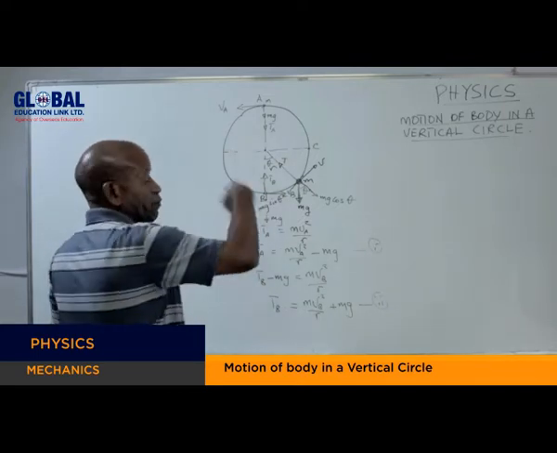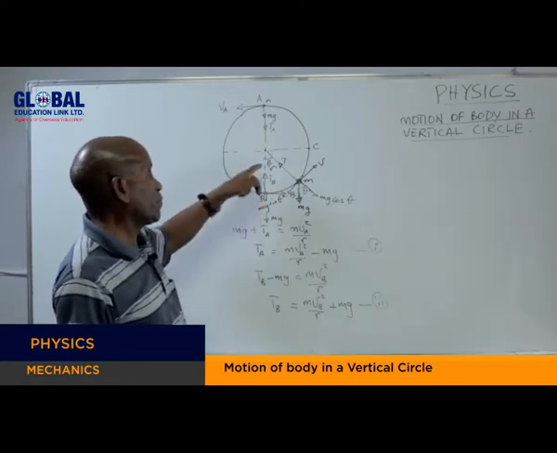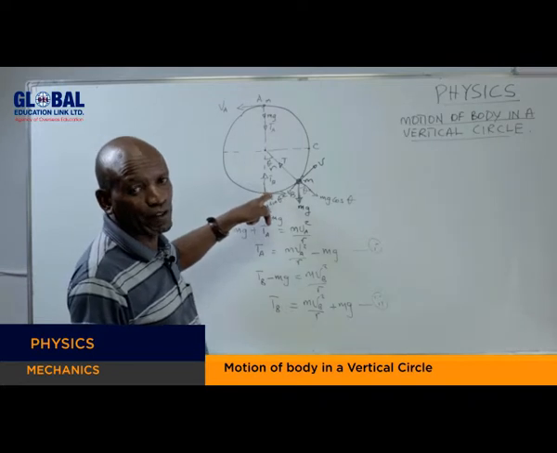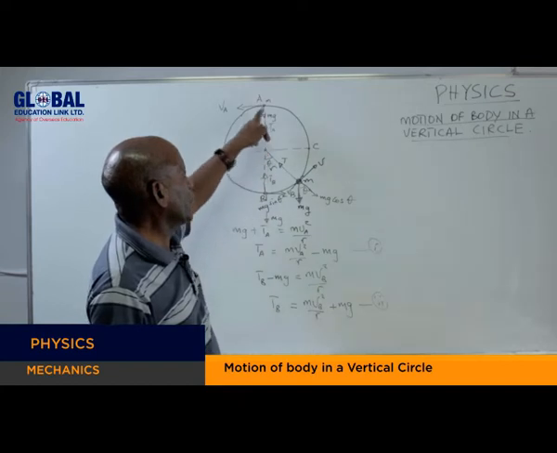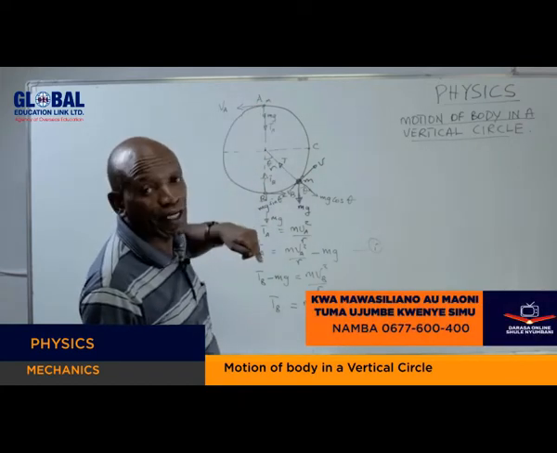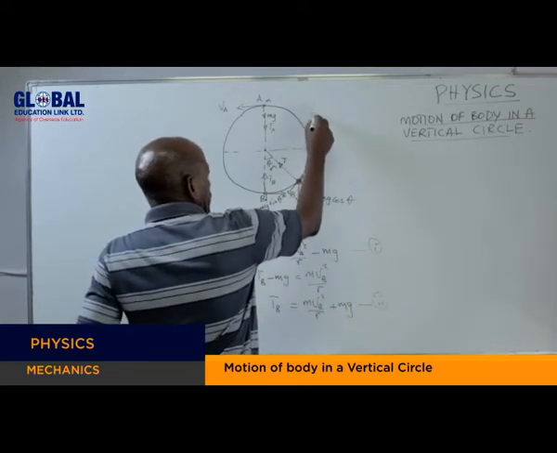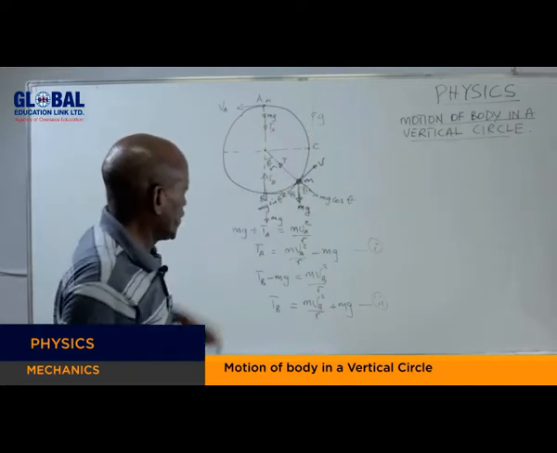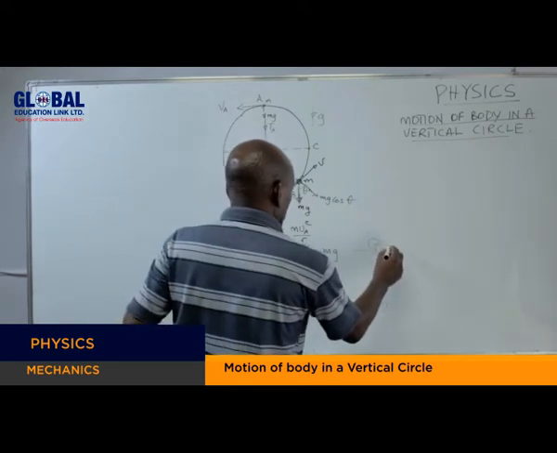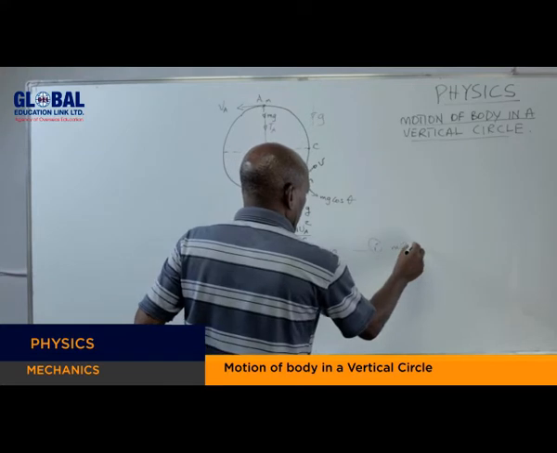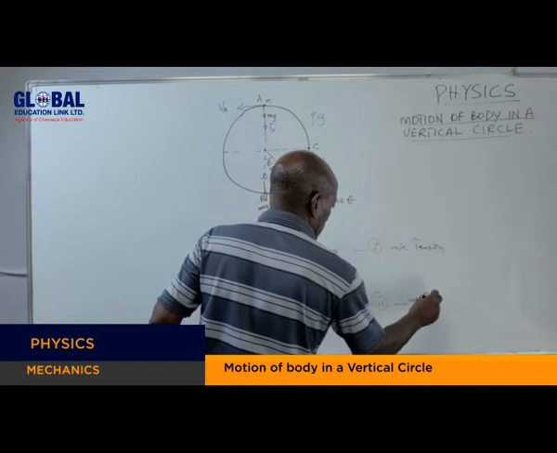So whenever the body is moving in a vertical circle, the tension in the string at the lowest point, T_B, is the maximum tension, and the minimum tension is obtained whenever the body is passing at the top point, point A, because remember that the acceleration due to gravity is always acting in the negative y direction. So we take this as the minimum tension, and this as the maximum tension.